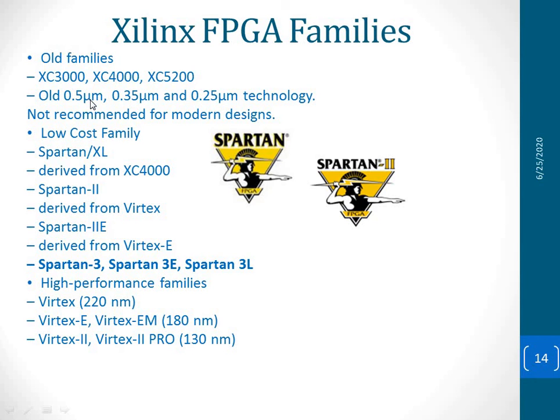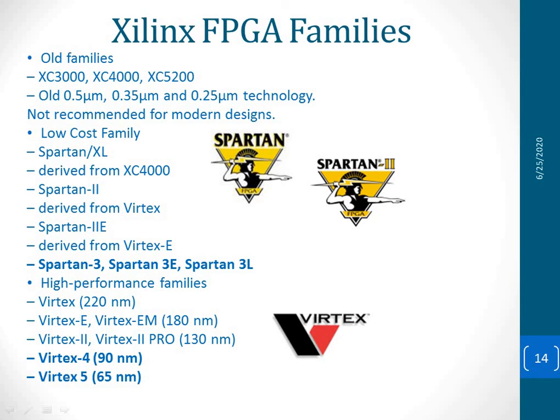Micrometer is a little less compared with millimeter, and nano is further small. That much is the technology used here. Virtex 4 is 90 nanometer, Virtex 5 is 65 nanometer, and the latest nowadays have come up with even 16 and 14 nanometer also. So these are the symbols of Virtex and Virtex Pro.